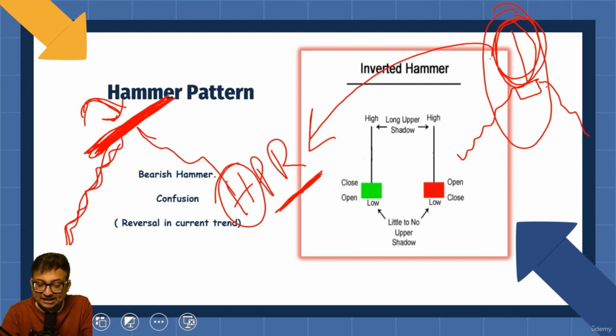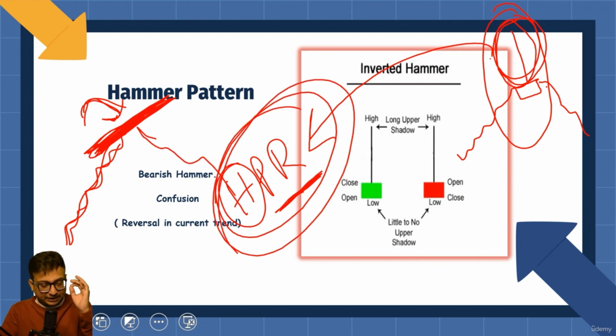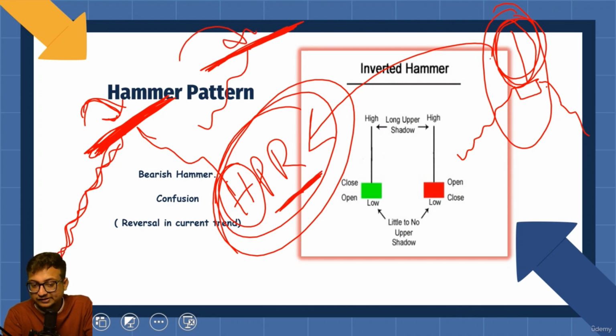This is the meaning of HPR, higher price rejection. The price has got a rejection from a higher level because of the bear's pressure. There was a selling pressure, hence the market went down.